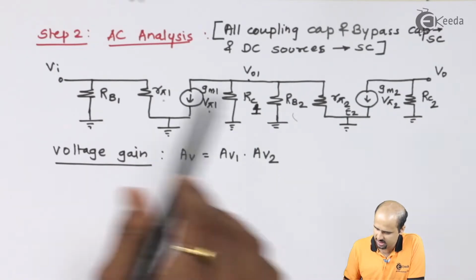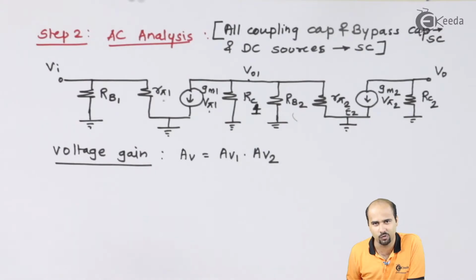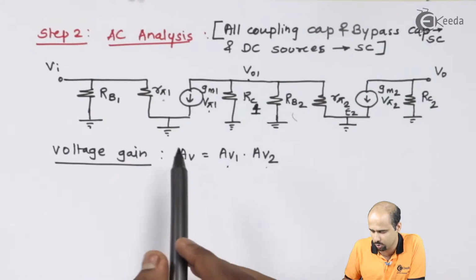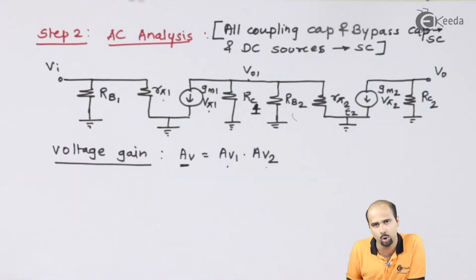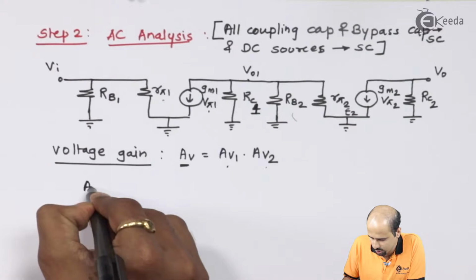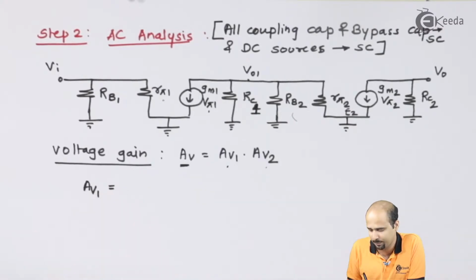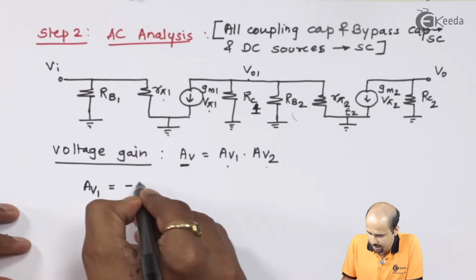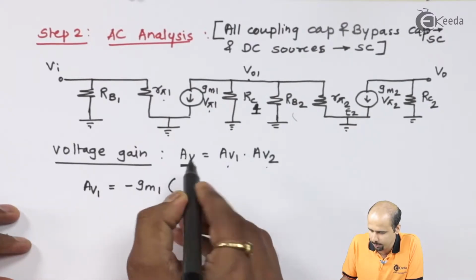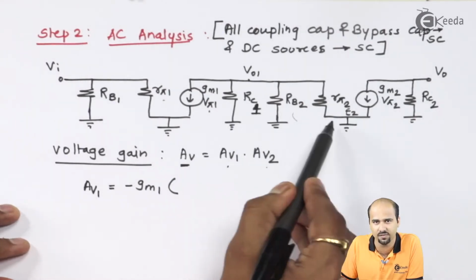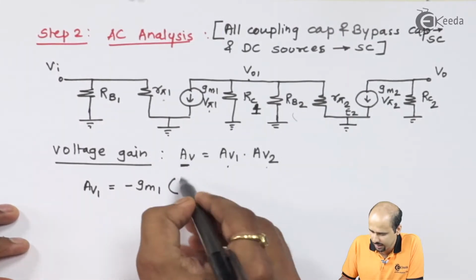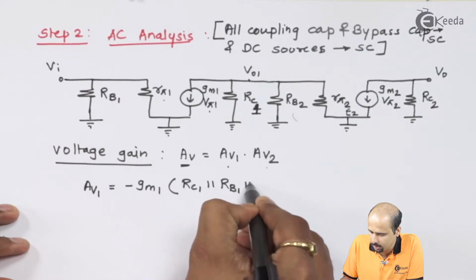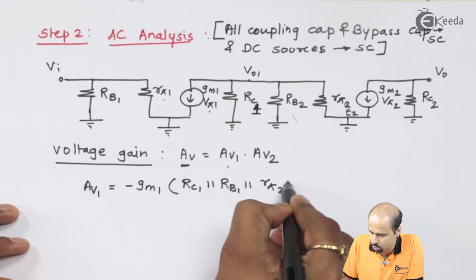Now as far as this AC equivalent circuit is concerned, I just have to find the value of voltage gain. As I know that AV1 multiplied by AV2 is equal to AV, we want to find the value of AV. So let's move ahead to the calculation of AV1. What is AV1? AV1 is minus GM1 multiplied by all the resistances at the output of the first stage, that will be RC1 in parallel with RB1 in parallel with R-Pi2.